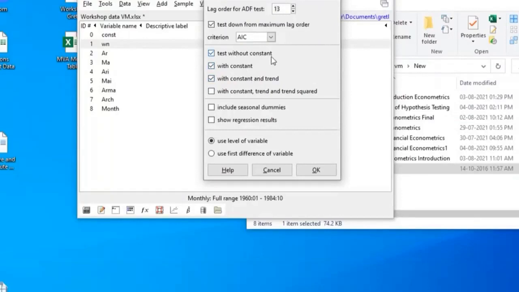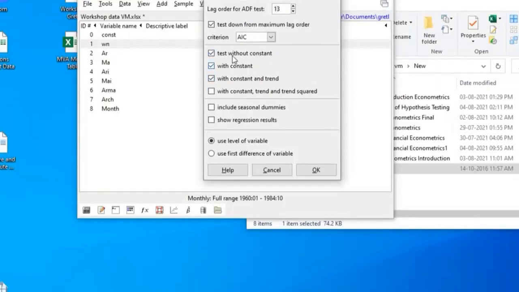But usually the purist statisticians say that all these three cases we have to do, and it is better that we get the same result for all the three. We have already seen the time series plot of the white noise, and there is no trend at all.